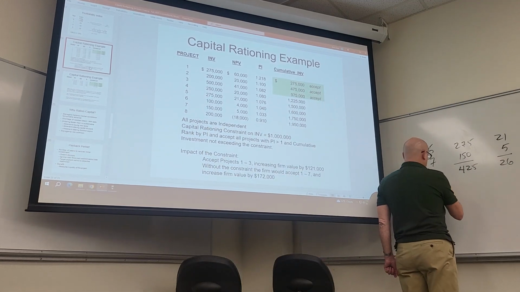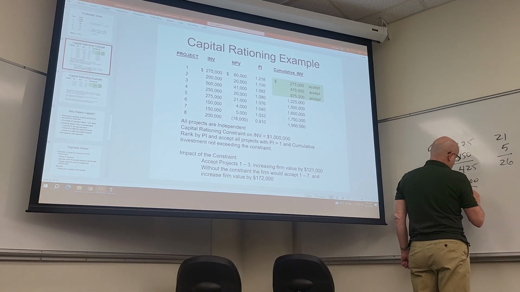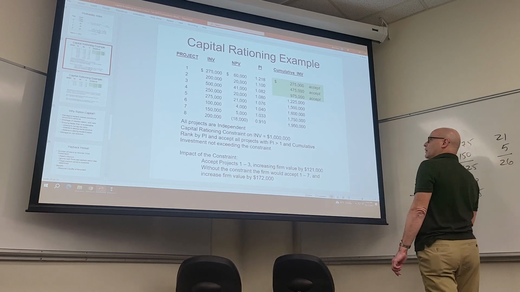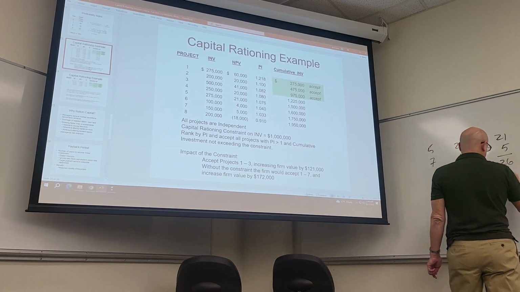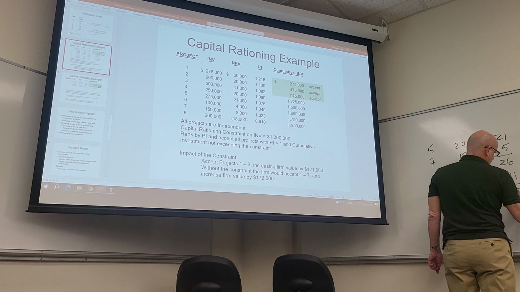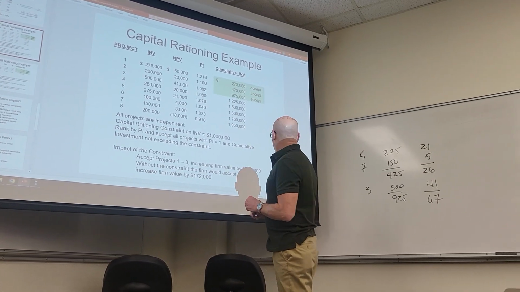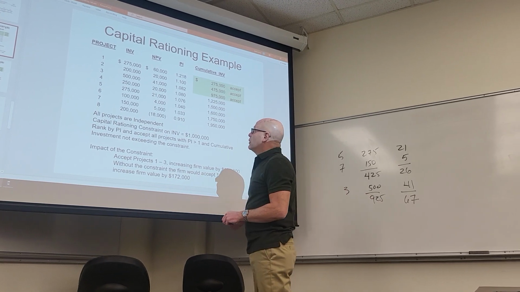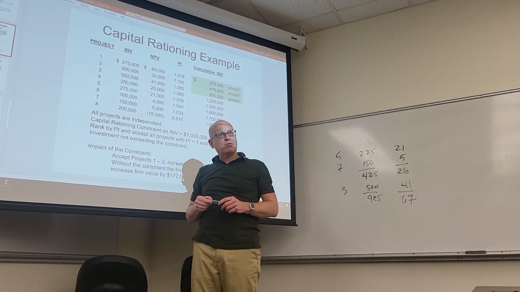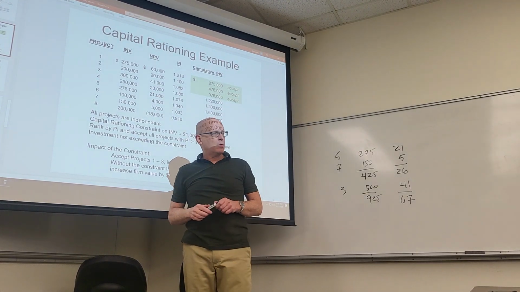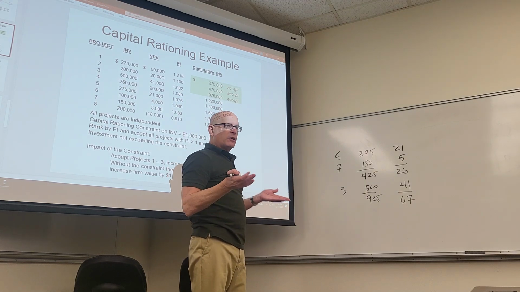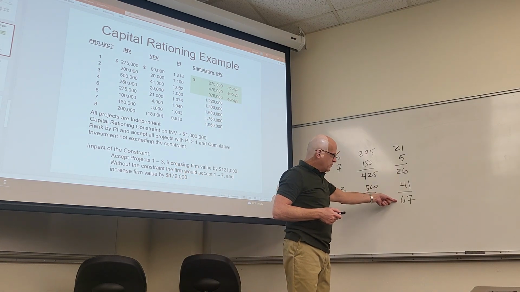I spent 925, and its NPV is 41,000. That's 67,000 total so far. I've got 75,000 more I could spend, but I don't have a project up here that I can fit in that budget now. So the maximum I can increase the value of my firm is that total NPV, 67 million.